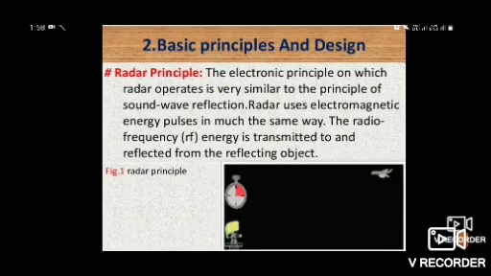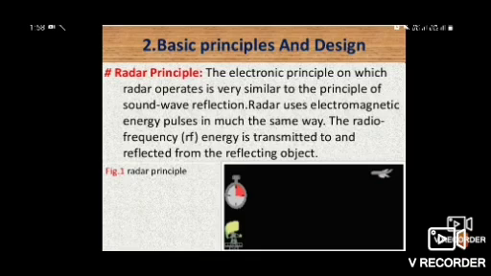And what is the basic principle involved in the use of the radar system? I have already told that radar is nothing but a detection system. So what is the principle?